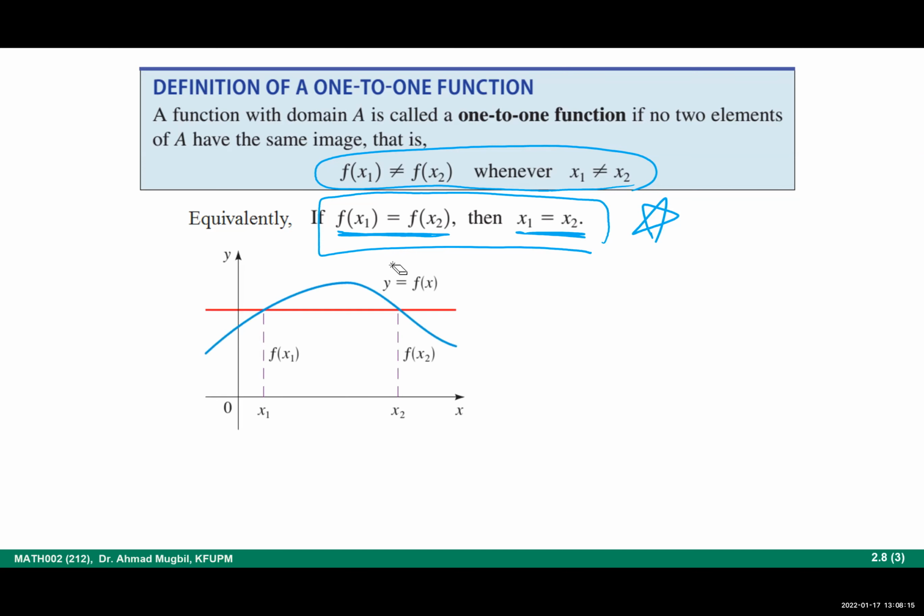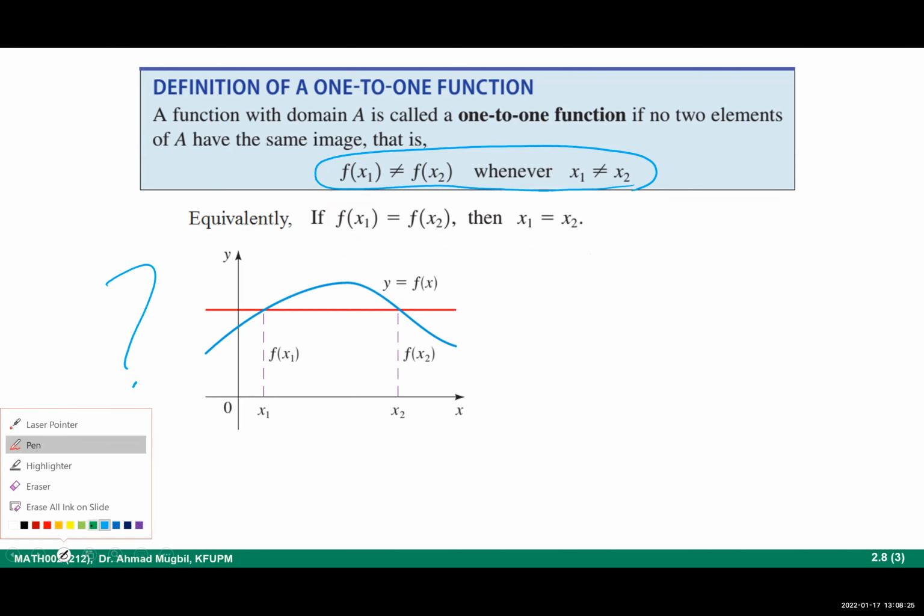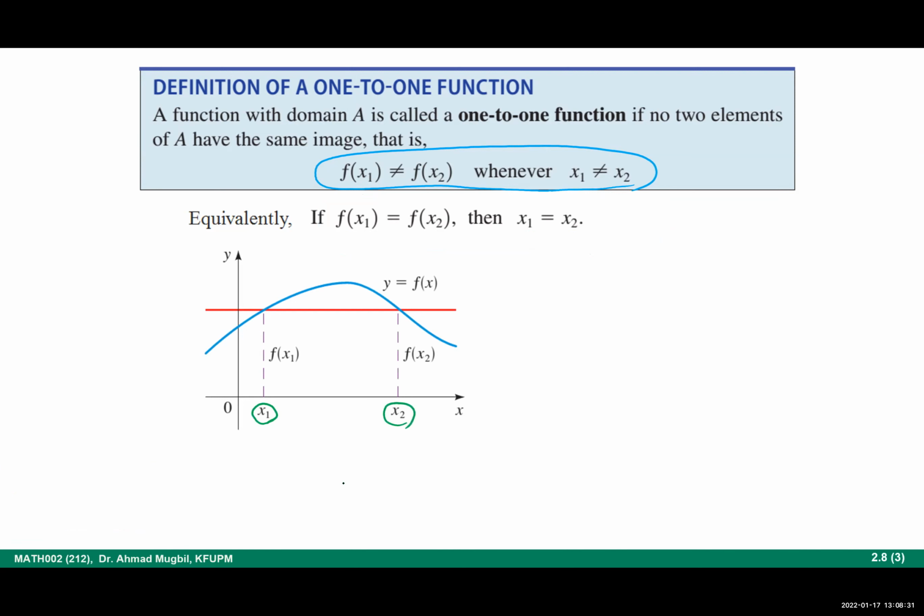Is the function given by its graph, this function, is it one-to-one? I'm asking about this. Is it one-to-one? Why? Why is it not? So we have here two different x values. x1 is not the same as x2 because x2 is clearly greater than x1. But look at the value of the function at x1 and x2.